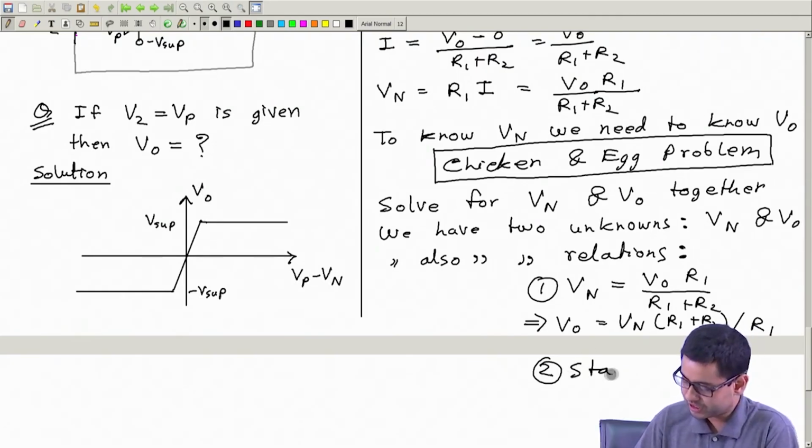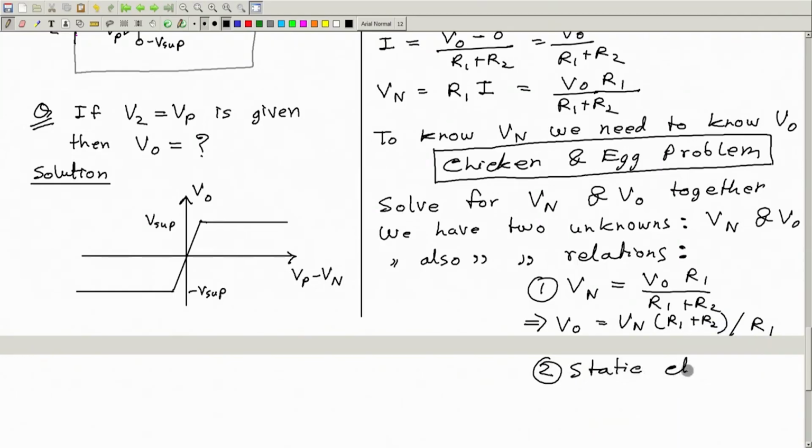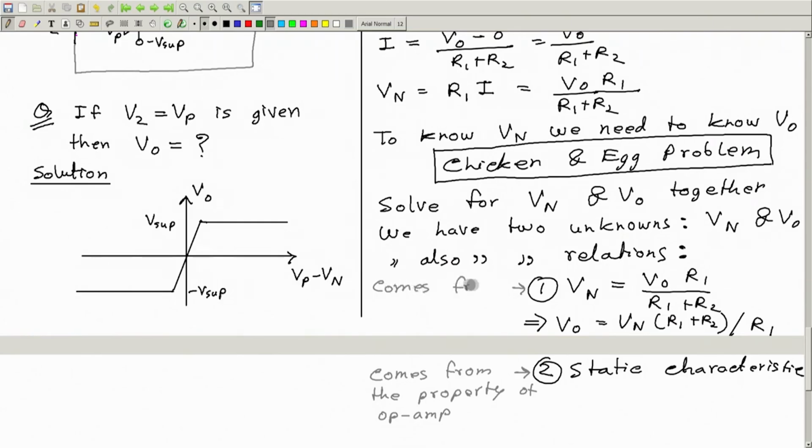So I write it. So this comes from the static characteristic. Okay, so you observe this relationship comes from the property of op amp and this comes from the external circuit, external to the op amp.